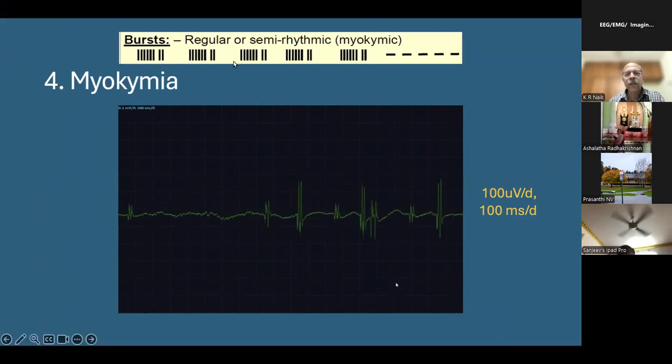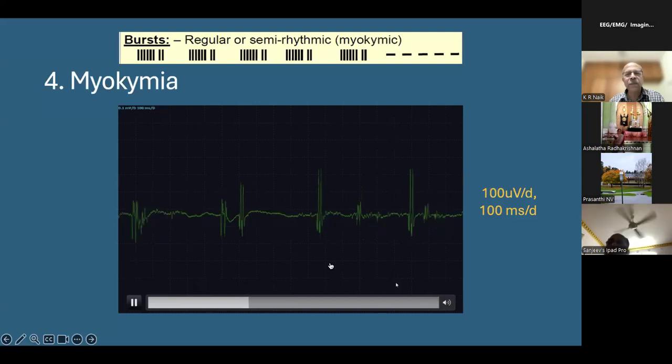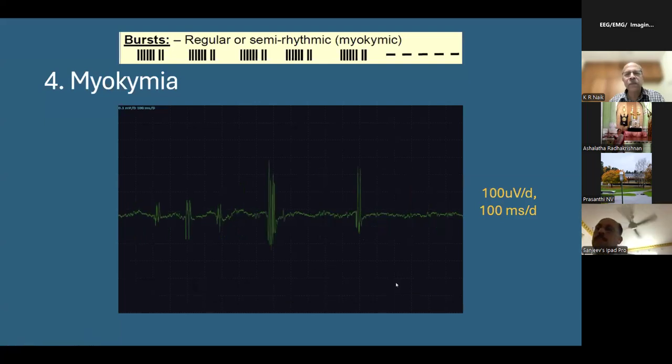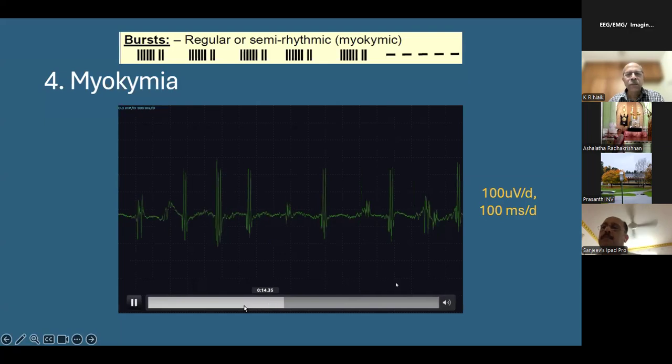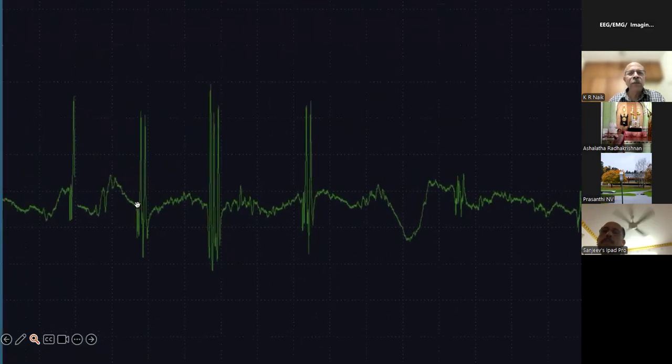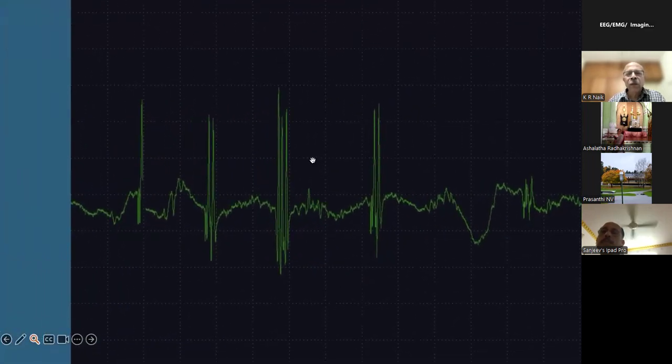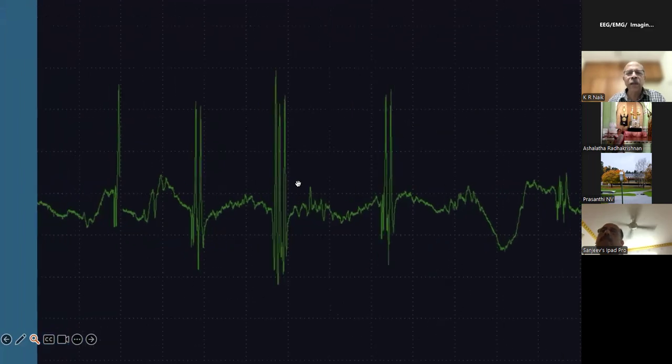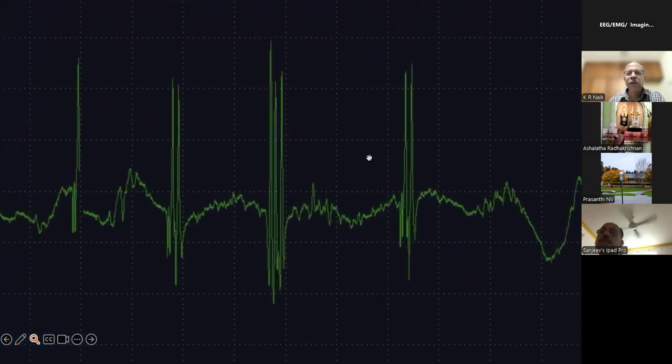In addition, the patient had fasciculation. Sometimes one of the motor unit potentials in this march can be missed. For example, this has 2, this has 2, this has 3.